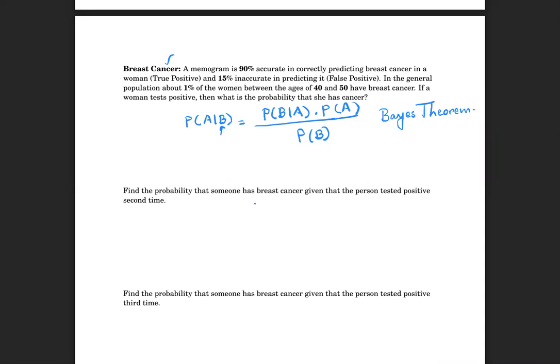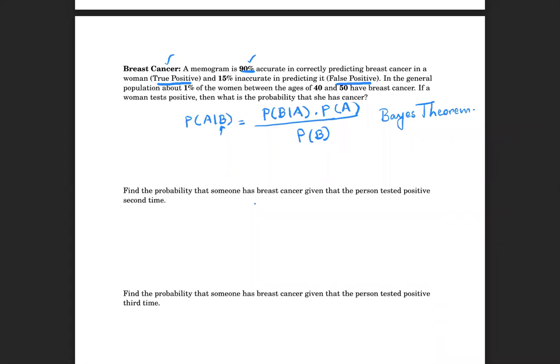A mammogram is 90% accurate in correctly predicting breast cancer in a woman, and 15% inaccurate in predicting it. So 90% accurate for true positives, and 15% inaccurate, giving false positives.